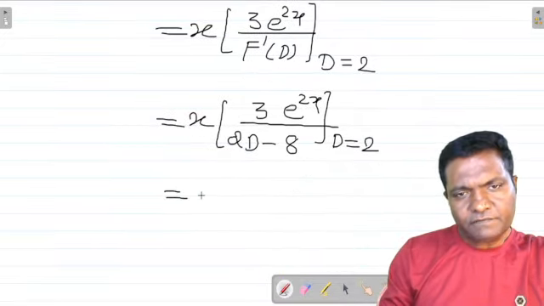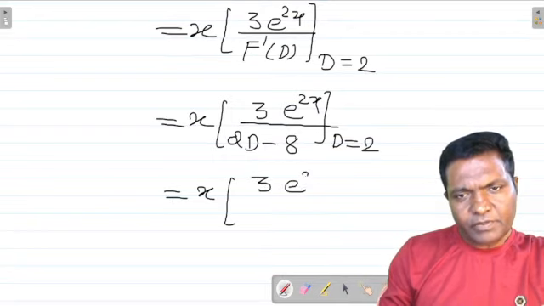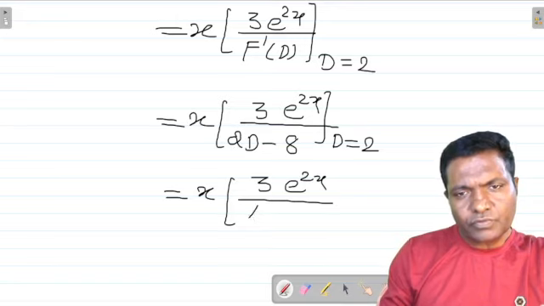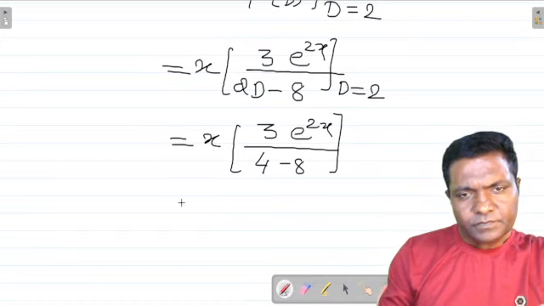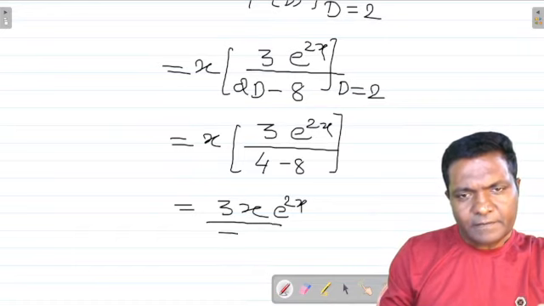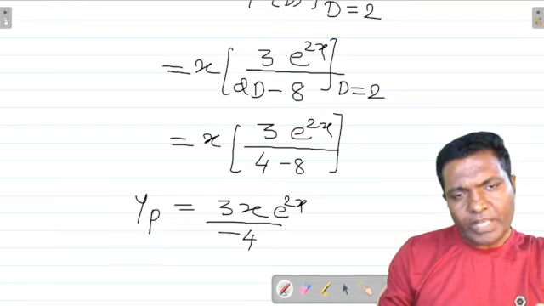So now replace D equal to 2: 2 into 2 is 4, minus 8, clearly non-zero. It is 3x e power 2x by minus 4. So this is your yp.